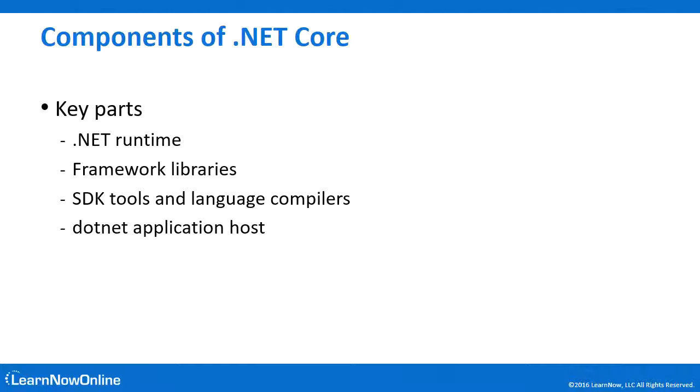And then there's a .NET application host, which is used to launch .NET Core applications. It selects the runtime and hosts the runtime, and provides an assembly loading policy as well as launching the application. The same host is also used to launch SDK tools in much the same way. All right, so I'm going to be showing you each of these in action shortly.